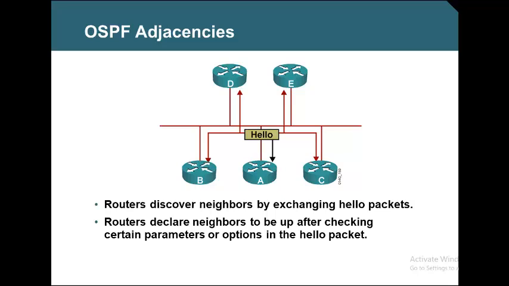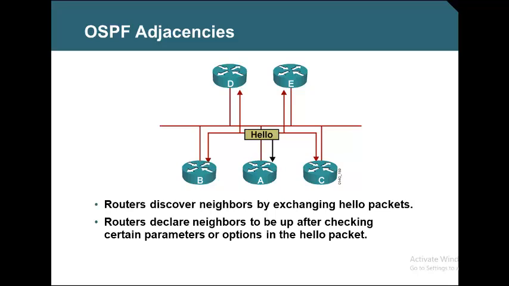So hellos will not make the routers synchronize the database. Hellos are just to know the names, router IDs, and their area, and their timers, etc. The hello packets carry a lot of things.